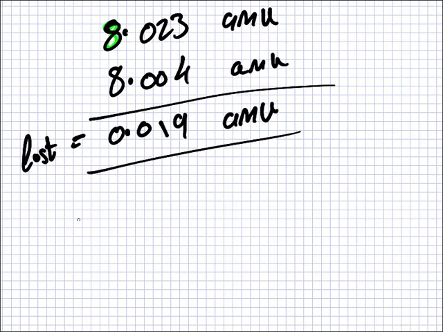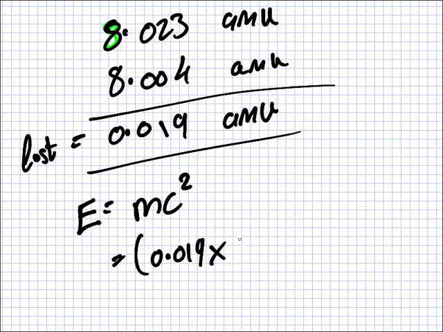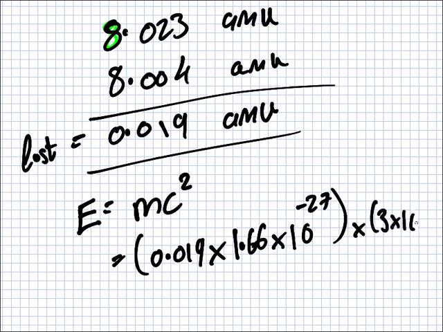Okay, well, let's see. So the energy should equal mc squared. Now the m is AMUs. What did we say an AMU was at the start, roughly? 1.66 times 10 to the minus 27 times 3 times 10 to the 8 squared.